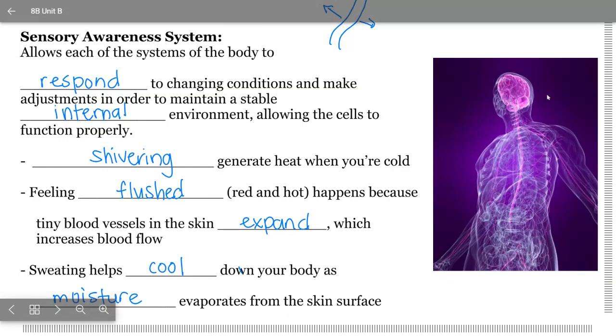Now, if you look in this picture, which is kind of a weird picture, we have the brain, we have the spinal cord. And then, if you just give me a second, I might find a picture. This is the spinal cord.